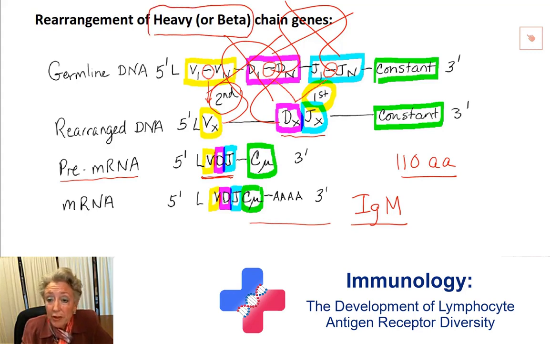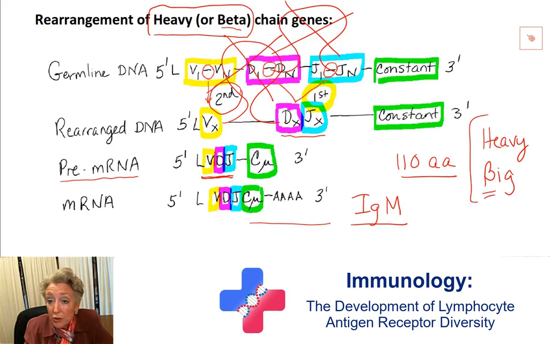And remember that the analogy between the B cell receptor and the T cell receptor is quite strong. So a very similar process would be going on in the beta chain of the T cell receptor. And I always remember this by synonymizing heavy and big, and then spelling big with a beta in front.